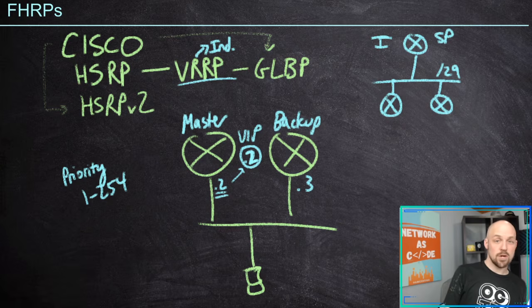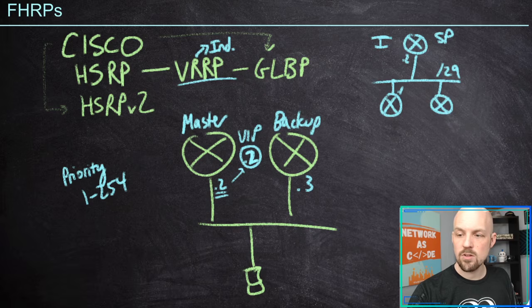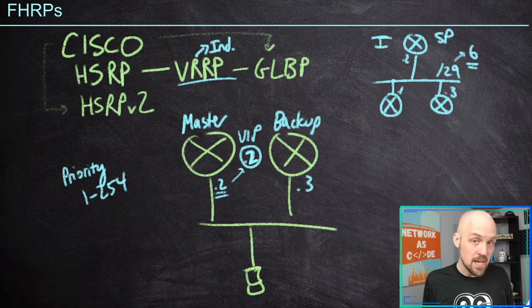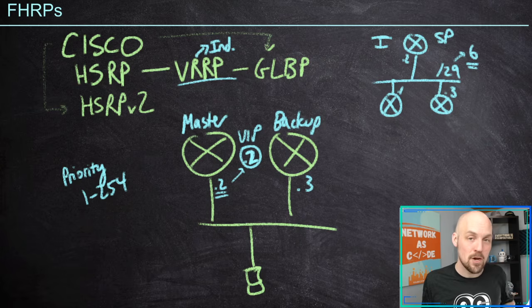Well, if this is a /29 environment, a lot of times that means I'm consuming .1 here, .2 here, .3 here. /29 is 8 addresses, but only 6 usable. So I'm already consuming 3 of them just with my routers. To use a 4th for HSRP, that's going to stink, because I'm using 33% of my remaining addresses. I used 3 of my 6, I've only got 3 left, and I'm going to use 1 of them for HSRP.